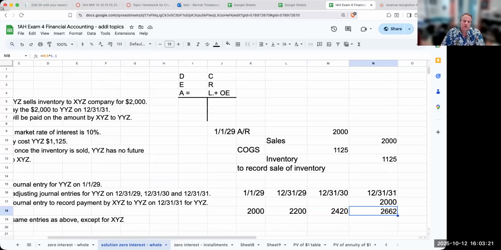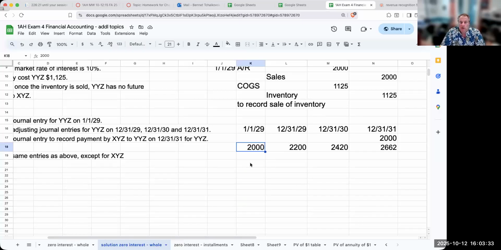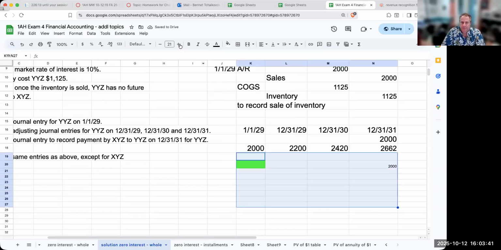So $2,000 to be paid 3 years from now is not the same as $2,000 today. So what I need to do is to figure out what amount I would invest today to get to $2,000 3 years from now?